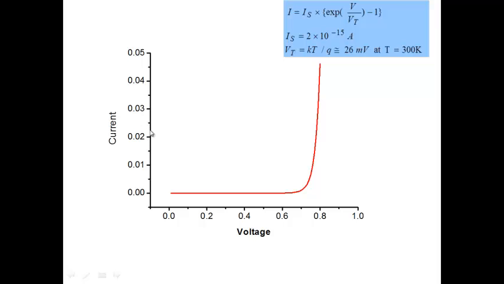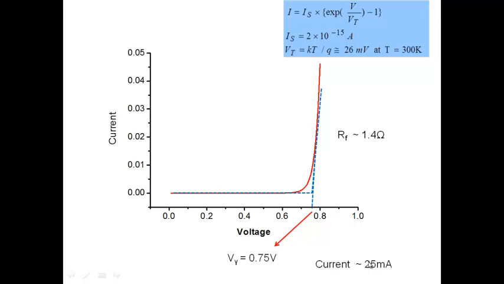If I'm talking about currents in the range of 10 to 40 or 50 milliamperes, then again I'll draw a line up to here and approximate it. If I do that, V gamma turns out to be 0.75, and the slope gives me the value of R, which turns out to be 1.4 ohms. My average current over which this model is valid is around, let's say, 25 milliamperes or so.